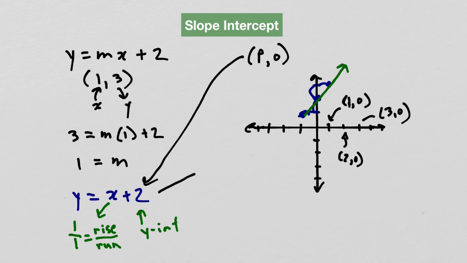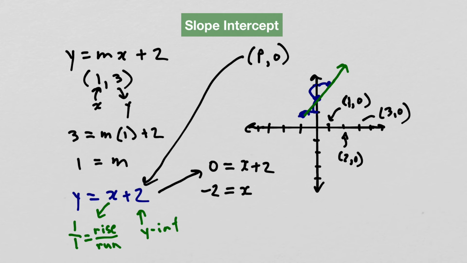So then what we get is 0 for y is equal to, we don't know what x is, which is what we're going to solve for. So 0 equals x plus 2. If we solve for x, we need to subtract 2 from both sides, and we get x is equal to negative 2.